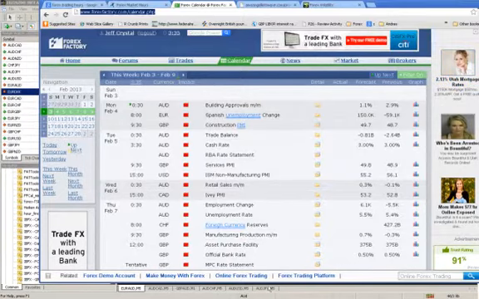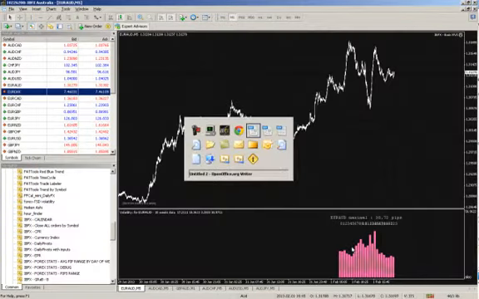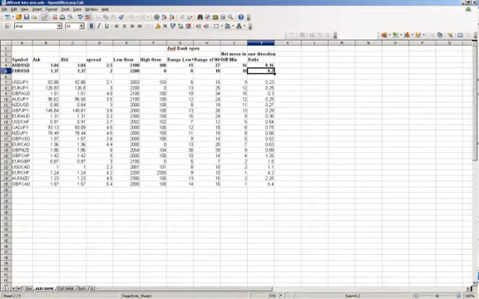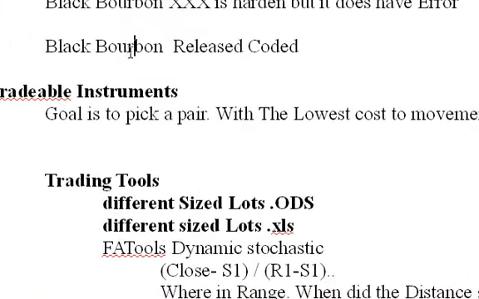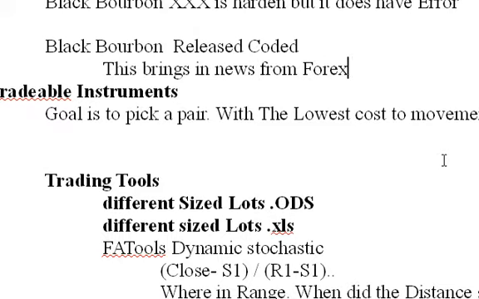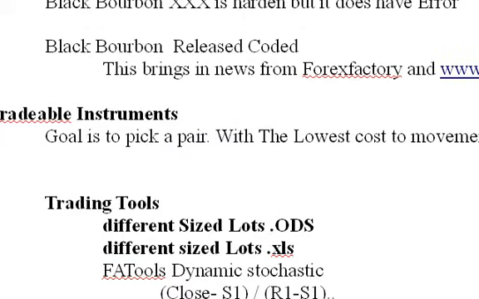I import that into my newer versions. BlackBourbon brings in news from Forex Factory and Daily FX, www.dailyfx.com. Daily FX has some good news, but we're just hunting volatility.